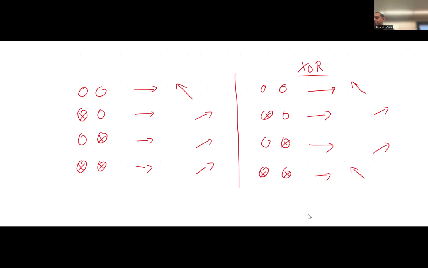So let's visualize this now a little bit more. Okay, so let's think of plotting this data, right? So I'm going to try to plot this XOR into a graph.